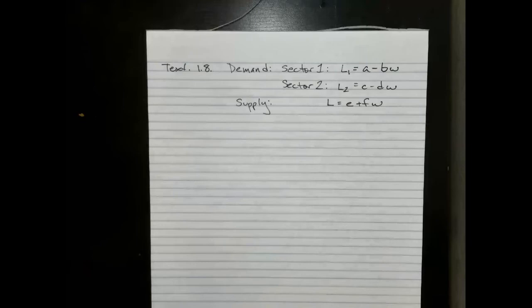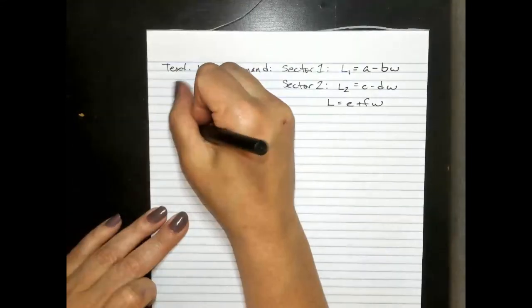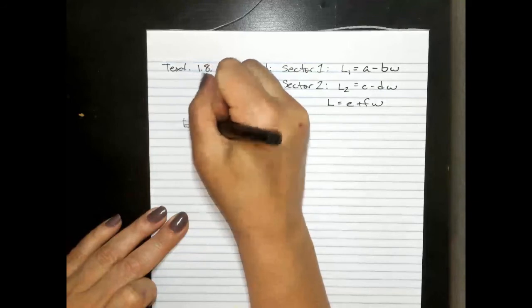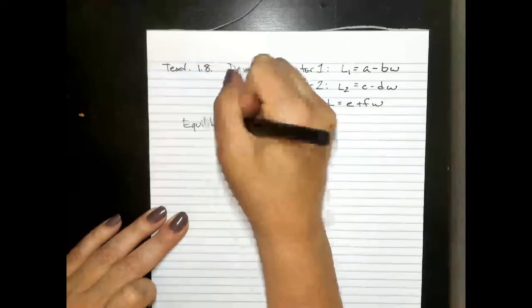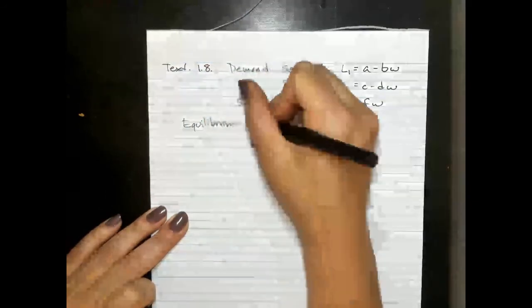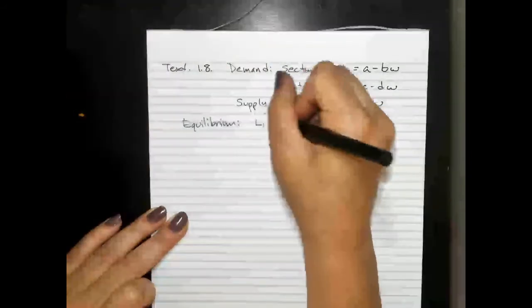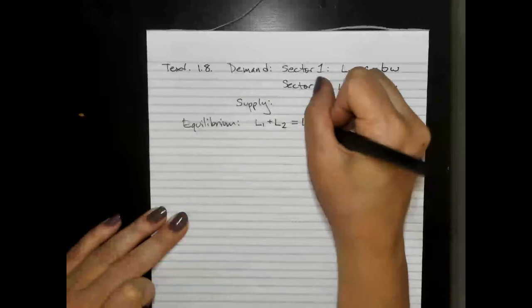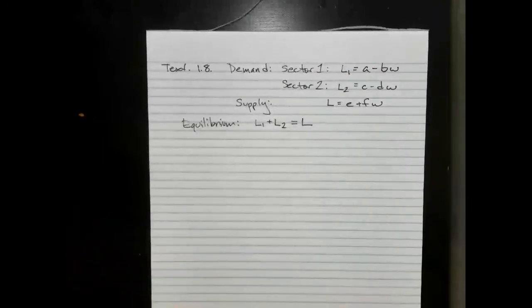And so the first thing we want to do is solve for the equilibrium. We want to remember that equilibrium occurs when the labor demanded in both sectors is equal to the labor supplied. And so that's how we'll write this problem out.